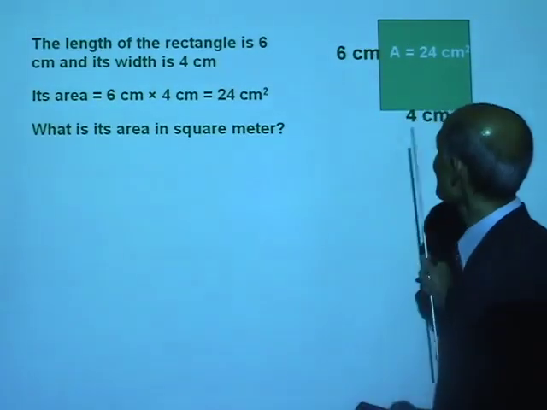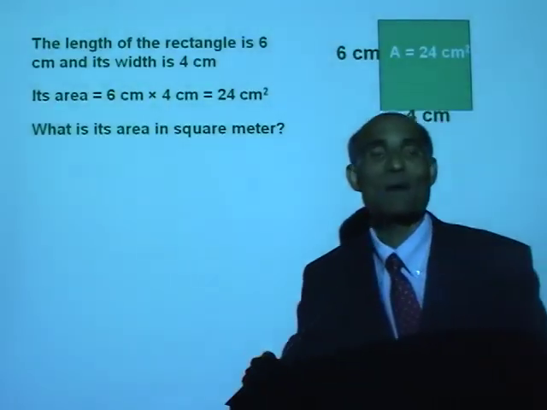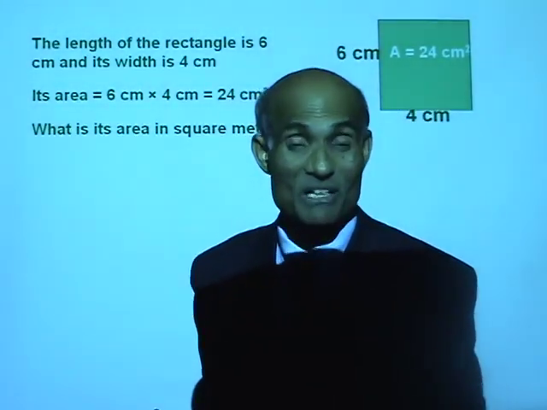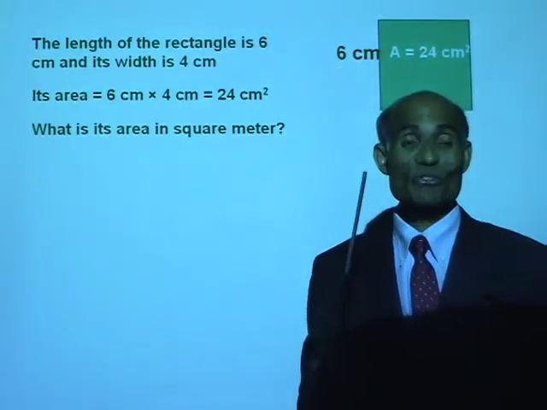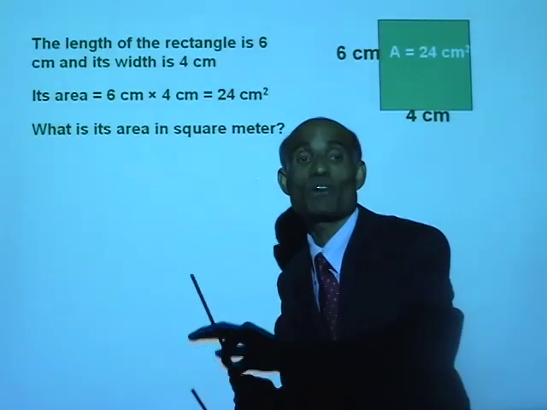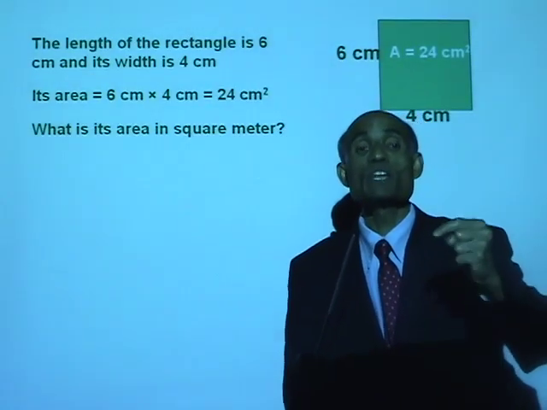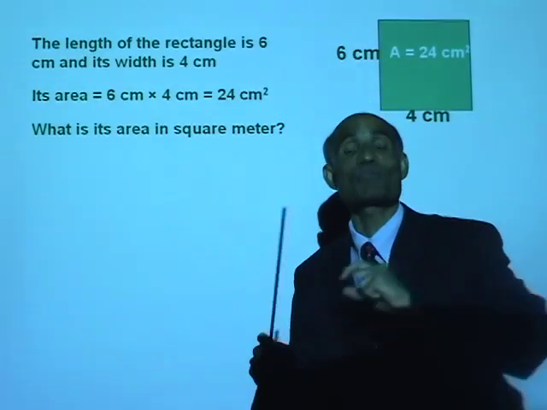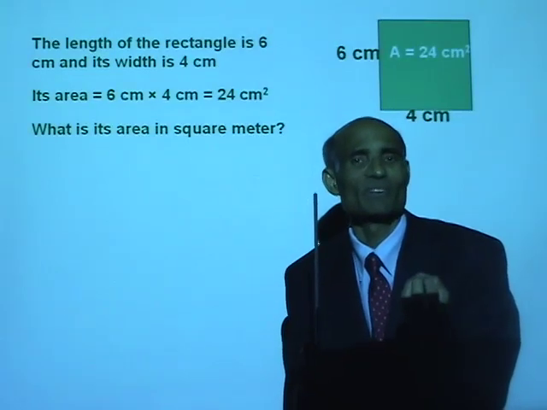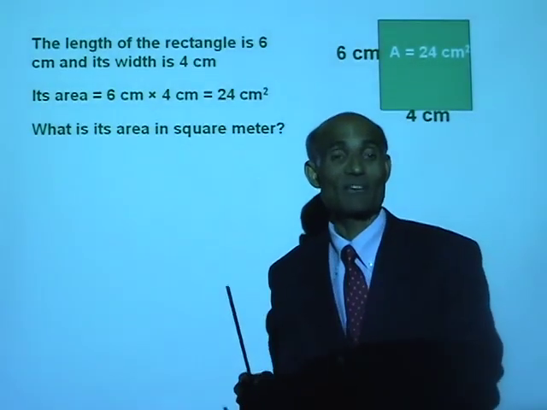Alright, first of all tell me, 4 centimeters is how many meters? Well, it's actually simple because 1 centimeter is 1/100th of a meter. Therefore, 4 centimeter is 4/100th of a meter. How do you write 4/100th in decimals? It is 0.04. Is that right? Yes.